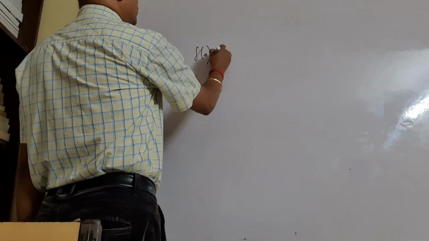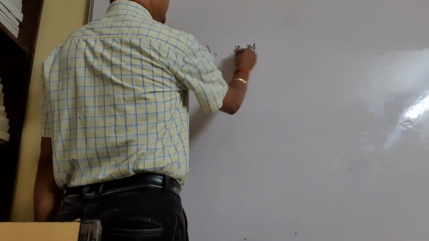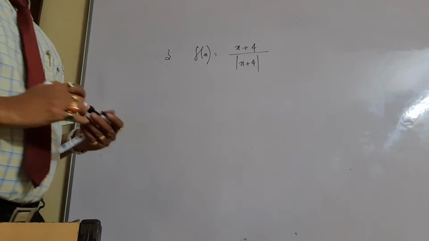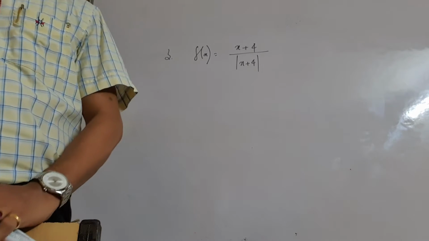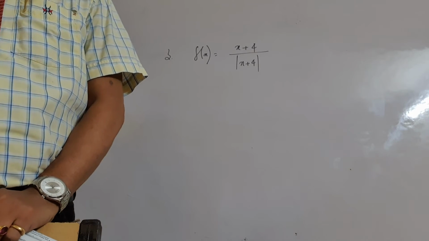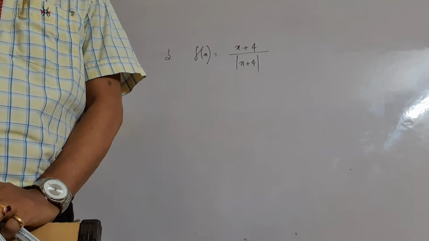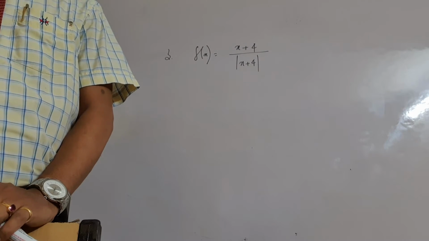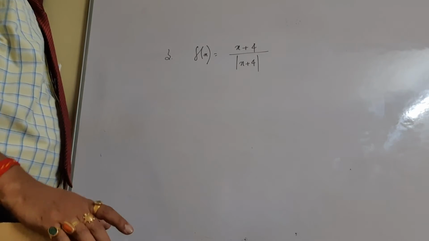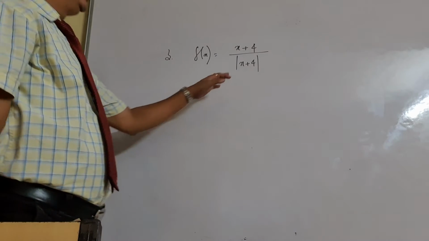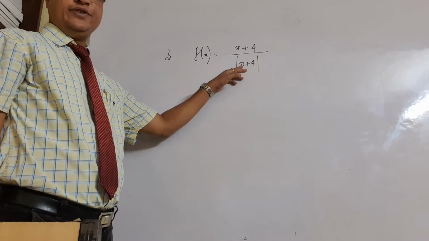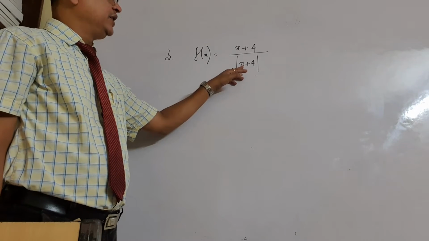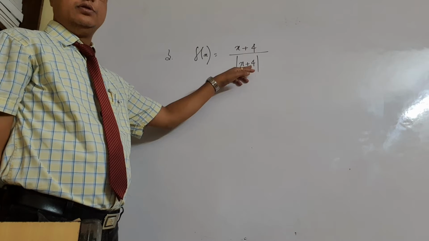One more sum: f(x) equal to (x plus 4) divided by mod of (x plus 4), suppose. Number 3 question. f(x) equal to (x plus 4) divided by mod of (x plus 4). You can see that in this question, only one possibility is that when x is equal to minus 4, then minus 4 plus 4 will be 0.